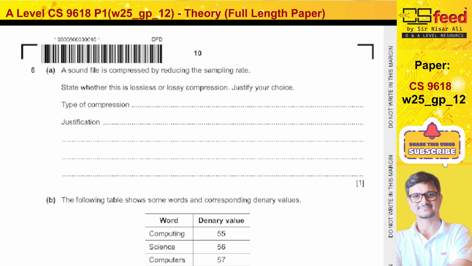Question number 6 says that a sound file is compressed by reducing the sampling rate. State whether this is lossy or lossless compression. Justify your answer. So basically, reducing the sampling rate is a lossy compression.